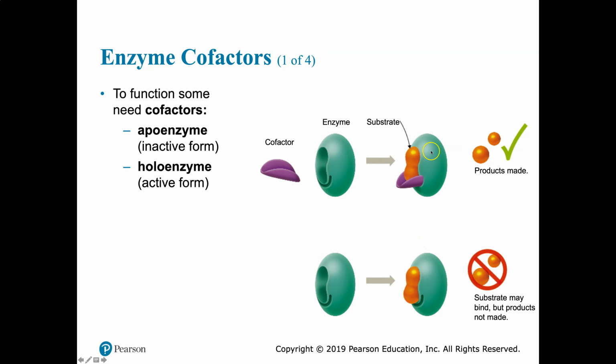But up here, you have your apoenzyme plus your substrate plus your cofactor, which gives you your holoenzyme, which is the functional enzyme. Now, cofactors can be many different things, but some enzymes absolutely require a cofactor.